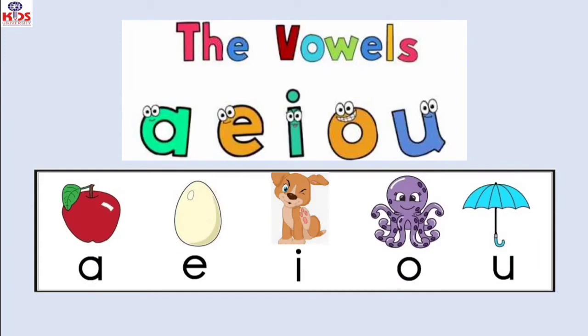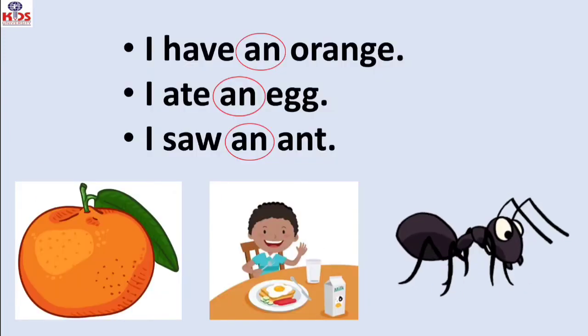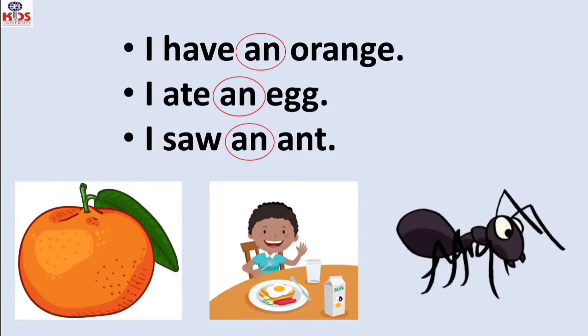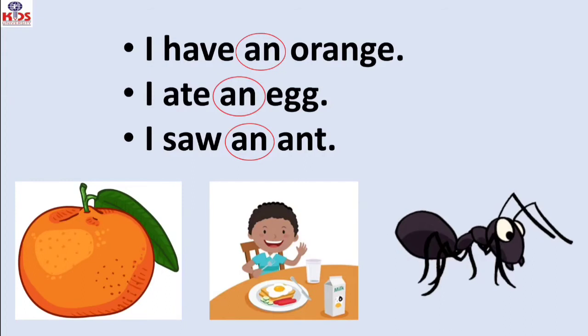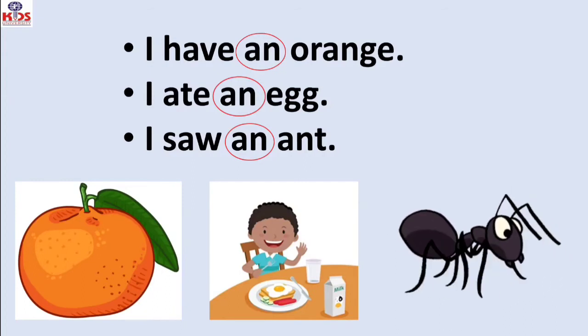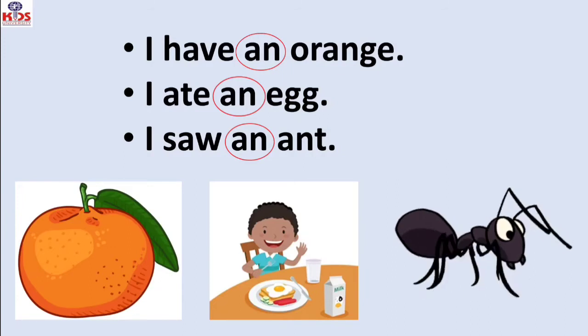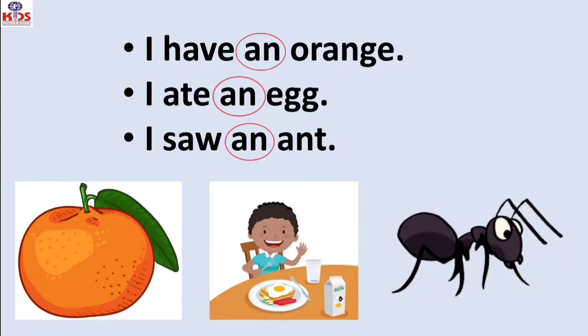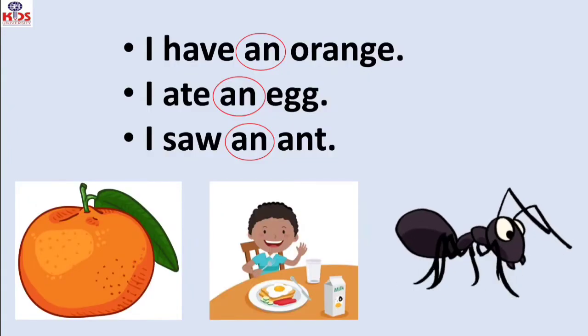We have 5 vowels in English. So, we have put n here because O in orange is a vowel. I have an orange. In the same way, I ate an egg. E in egg is a vowel.